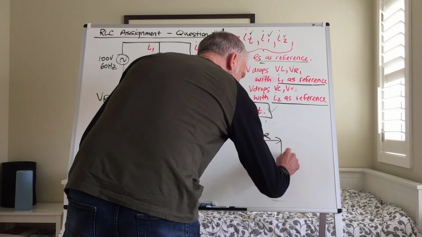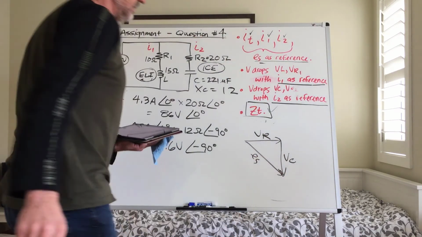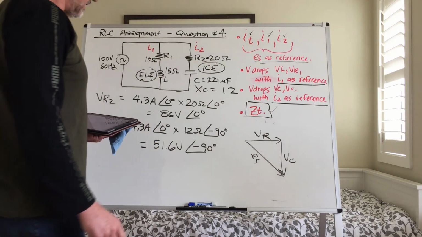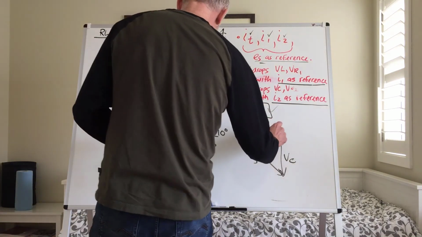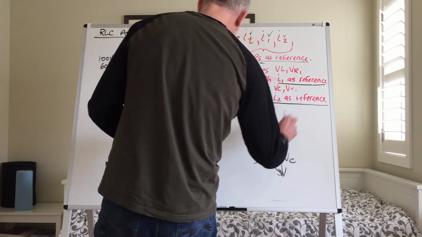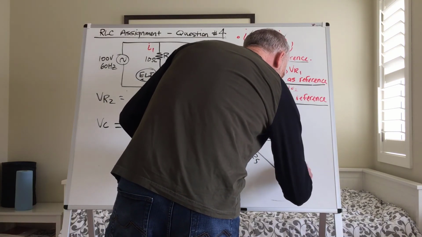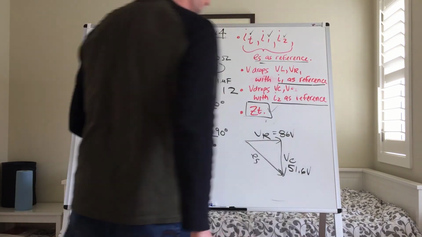VR, VC. This should equal E source, because remember it's a branch right across the source. VR equals 86 volts, and VC equals 51.6 volts.